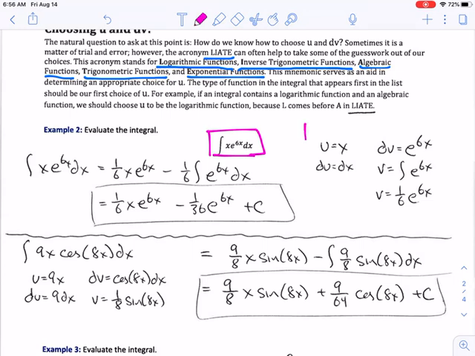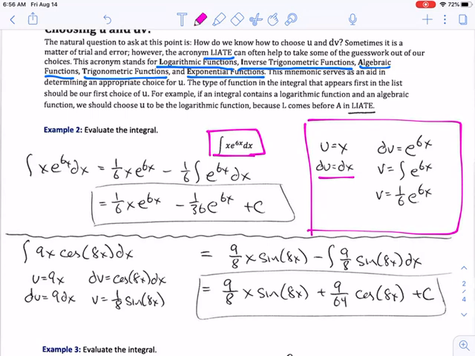Over here on the side, I determined that u is equal to the algebraic function and that dv is equal to the exponential function. So that means I have to find the derivative of x, which is just 1 dx. I have to find the antiderivative of e to the 6x.